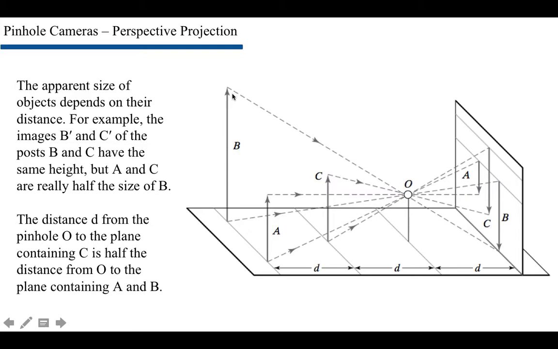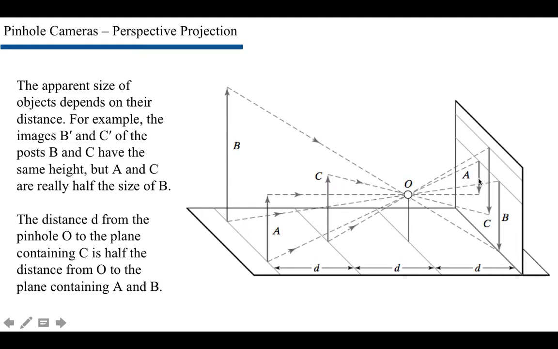We can see this for two different objects with different object sizes, for example B and C. If we see the projection of B, because of the distance to the pinhole, it will appear to have exactly the same height as the object C. They are located at double the distance, and double the size, so at the end it is projected at the same size.